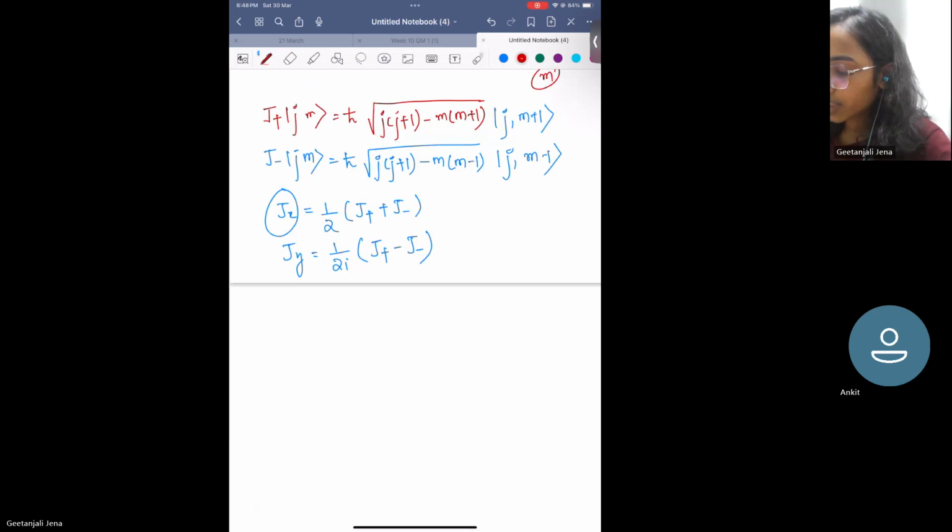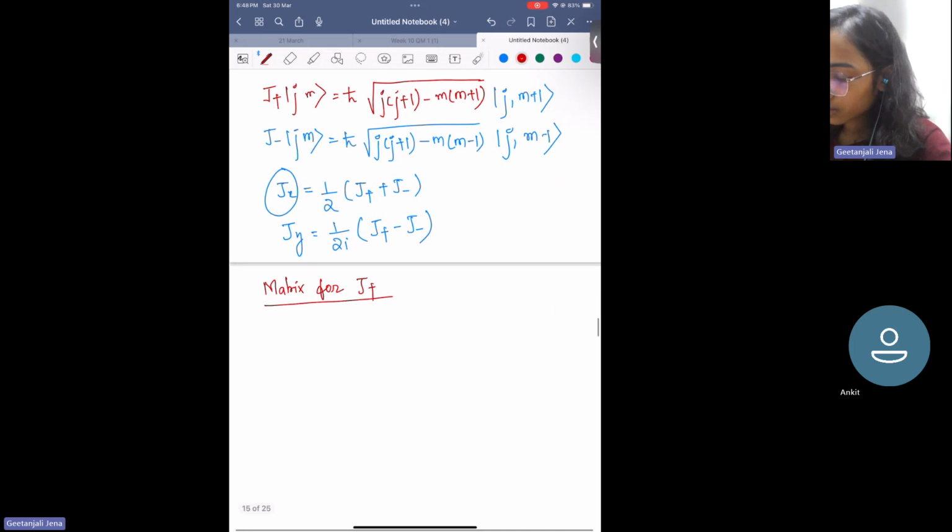So let us see the matrix for J plus. You can use this expression to find the matrix element.